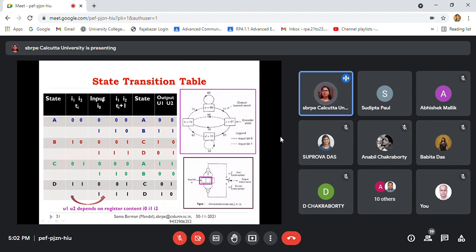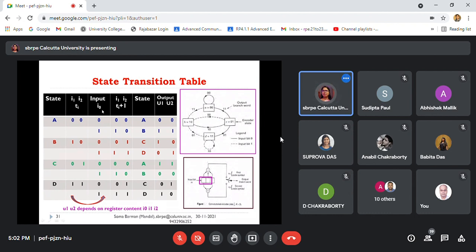This memory will change when input is coming. And your outputs U1 and U2 obviously depend on I naught, I1 and I2. Now this will be your state transition, and the memory is this.